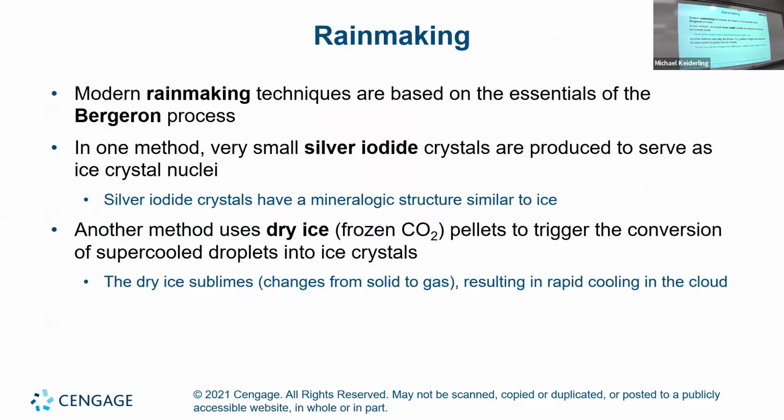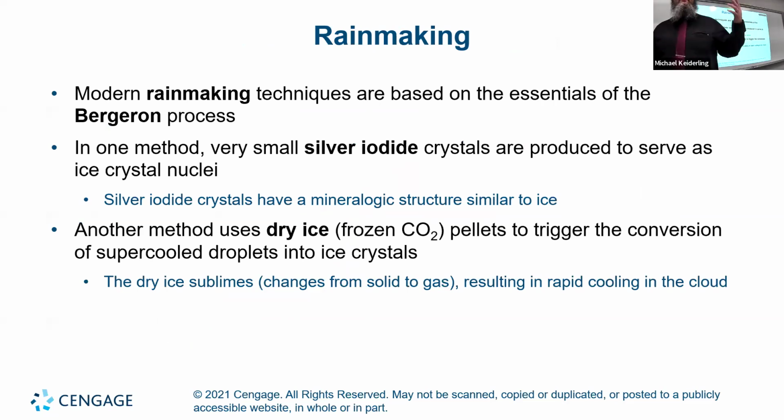So modern rain-making techniques, you may have heard of cloud seeding or things like that, are based on the idea of the Bergeron process. The basic idea is that you use some technique to speed up the Bergeron process.